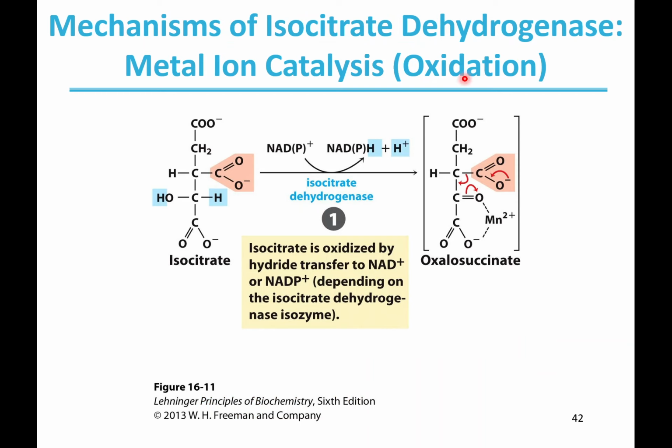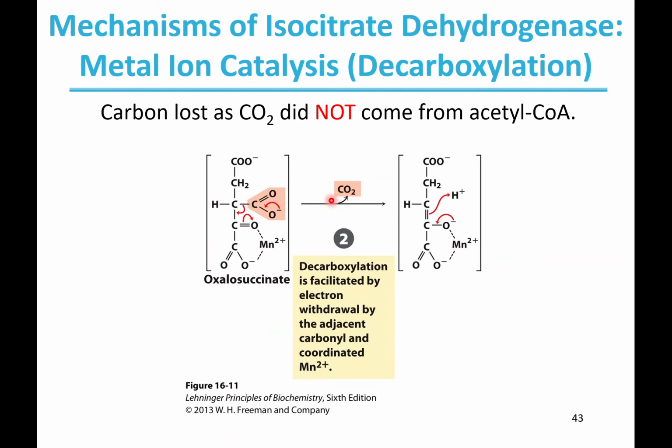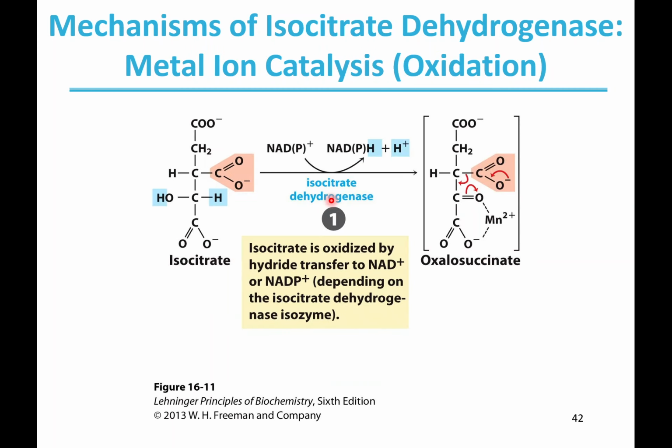If we look closer at the mechanism of isocitrate dehydrogenase, it's a metal ion catalysis. That's where we get this manganese in the active site. We looked at this previously, so I won't go too much into detail. The metal ion in the active site makes it easier for you to lose that hydride and reduce NAD+.